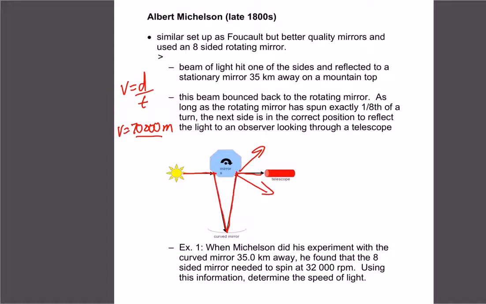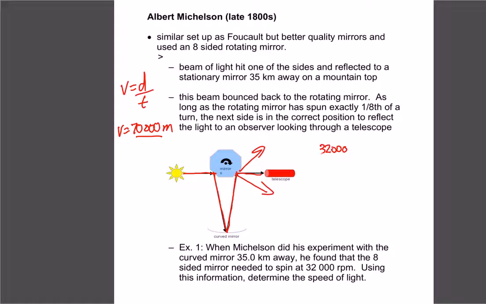So if we know that the 8-sided mirror spins at 3,200 RPMs, what we want to do is figure out what that is as time. So 3,200 revolutions per minute, right? So that's revolutions per minute. So what we want to do is change that to seconds.